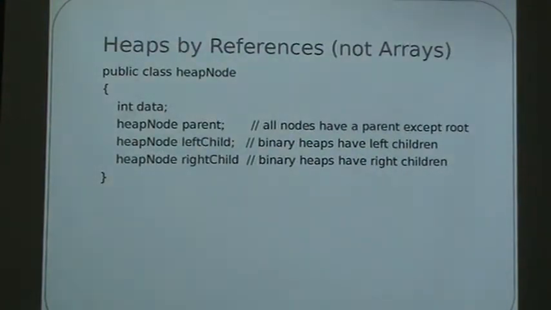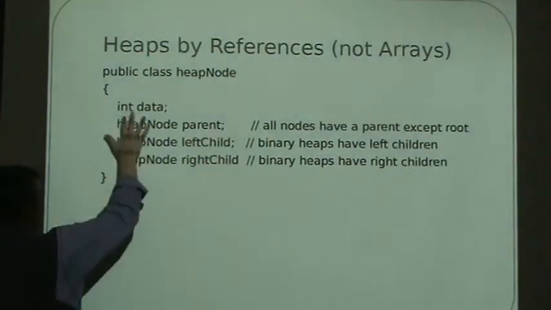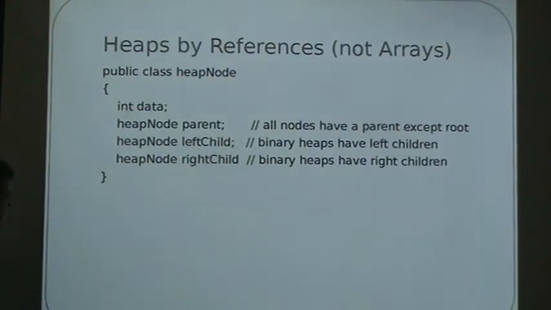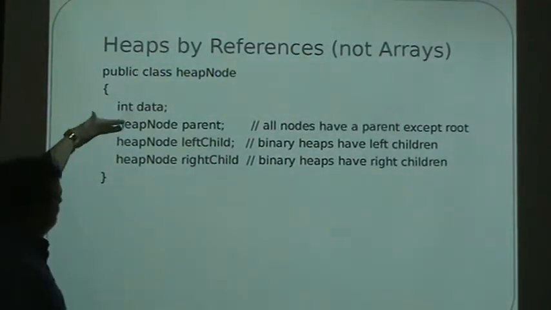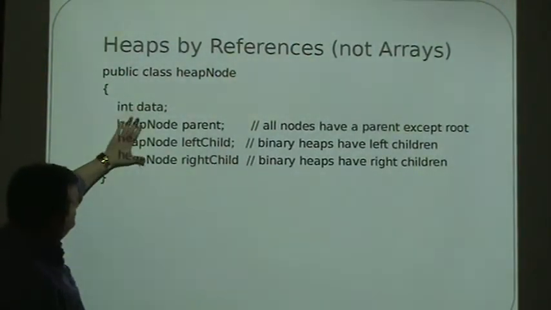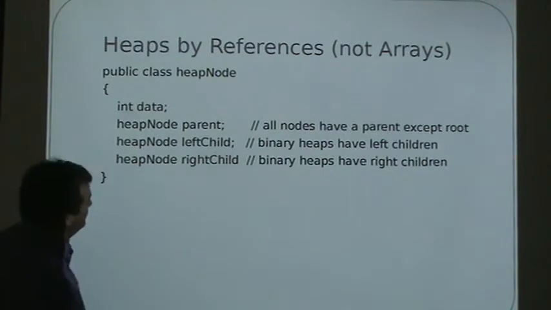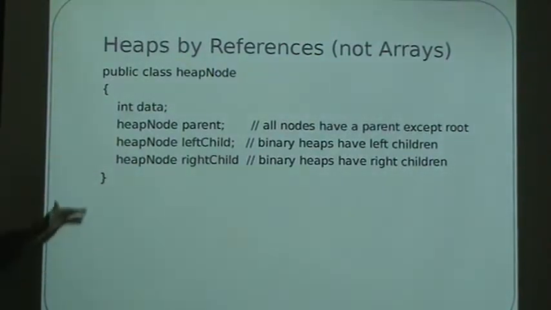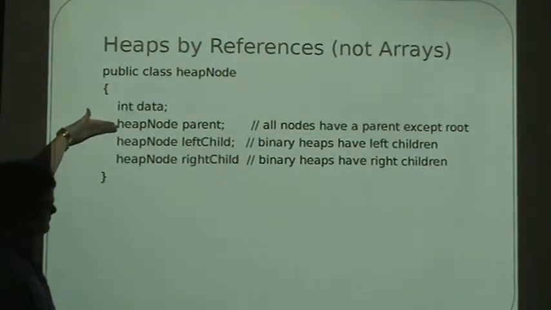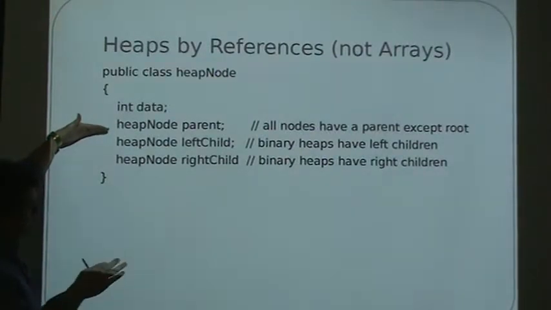In order to not use an array as our structure, we'd have to use references in Java. So for example, maybe our data is an integer, and then we can start having references to nodes. So we create a structure called a heap node. We're using classes in Java to create a structure. And it has data. And then, it's up to you, you could have a reference to its parent.